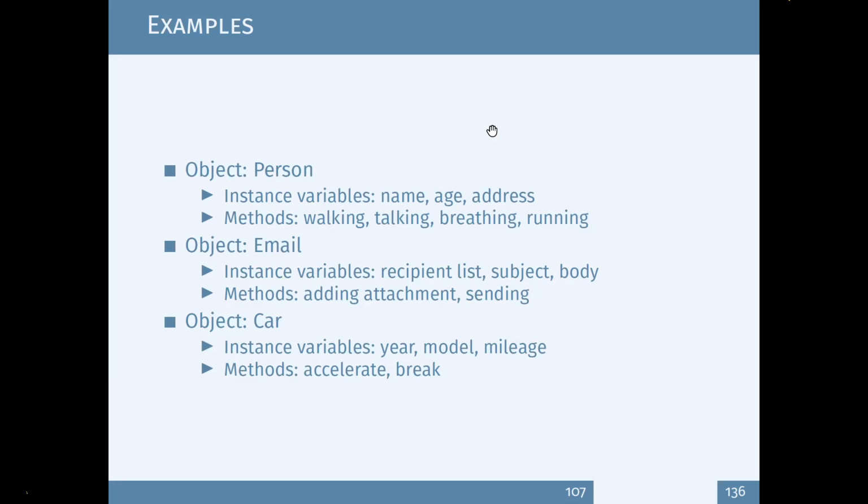In email, we can have variables like recipient list, subject, and body. You can also have a set of methods like adding attachment, sending an email, and so on. Third, if you take a car, year, model, and mileage could represent the instance variables, and methods could be things like accelerate, brake, and so on.